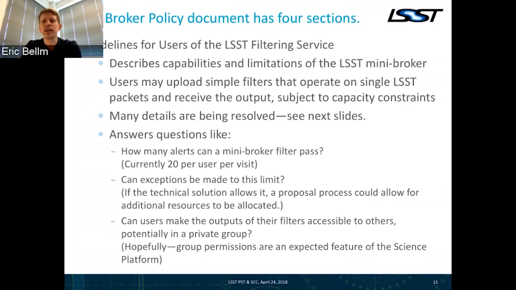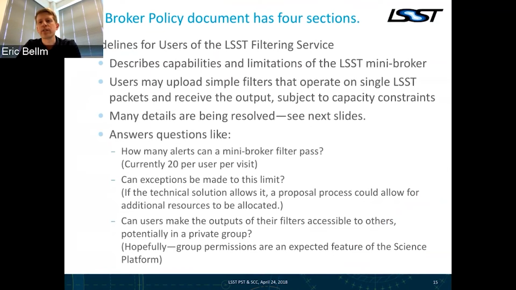We're still refining some of the design and requirements, and they sort of feed back against one another. So again, the idea is that the MiniBroker is only passing a maximum of about 20 alerts per visit, which is potentially still large, depending on exactly what kind of transients you're looking for.